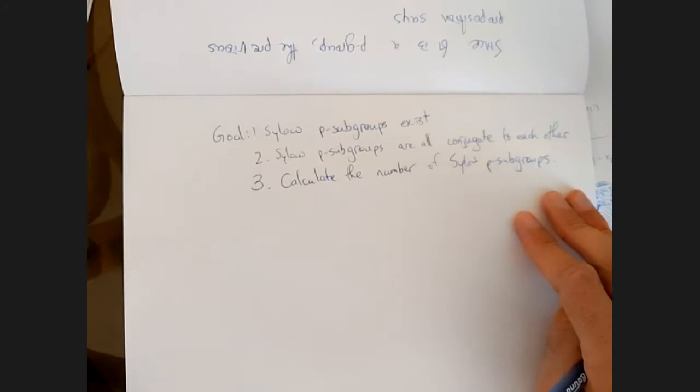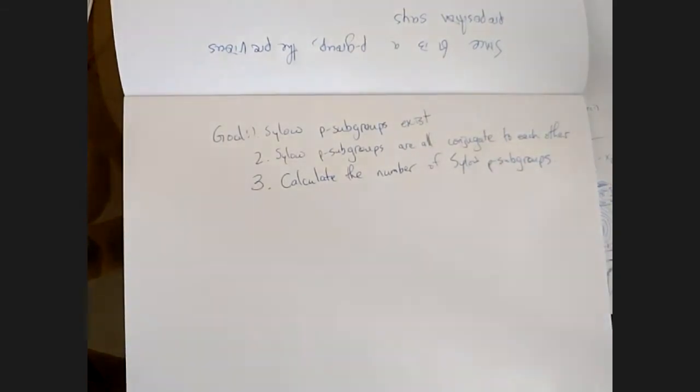So if I tell you I have a group with 10,053 elements or something, well, you do need to factorize 10,053, but once you do that, you can say a lot about the structure of the group without actually knowing anything else about the group aside from the number of elements.